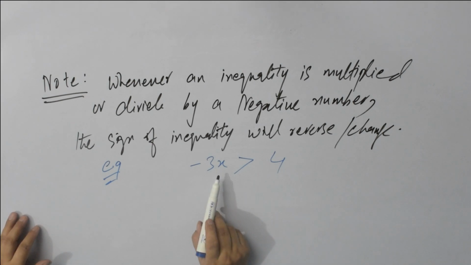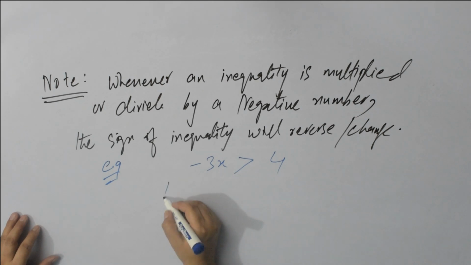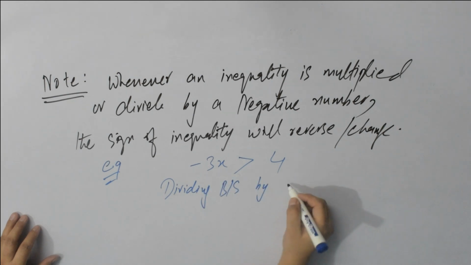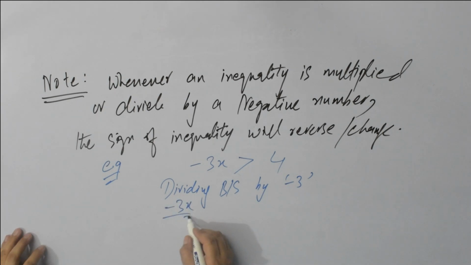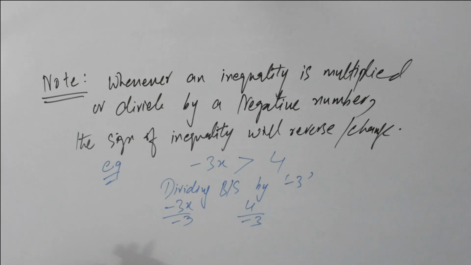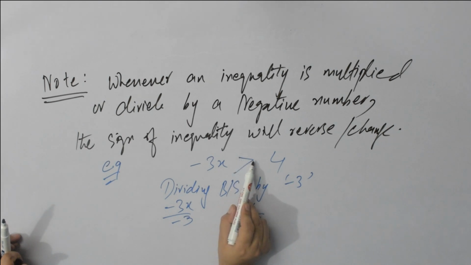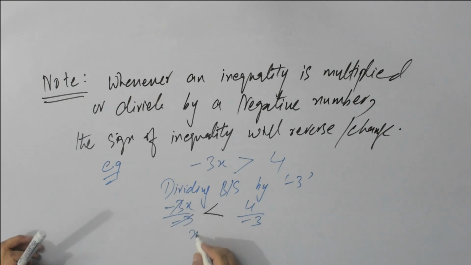So for this isolation of x, I am dividing both sides by minus 3: minus 3x by minus 3 and 4 by minus 3. Here this sign will change. This greater than will change into less than, right students? So x is less than minus 4 by 3.